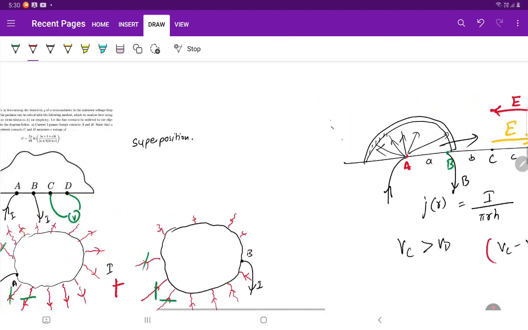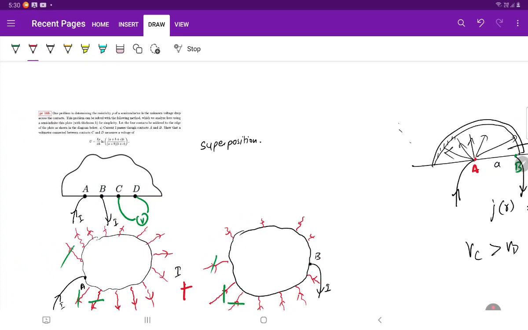They have asked to prove this thing only: (a plus b plus c) into b by (a plus b) into (b plus c). So yeah, we finally proved this theorem, and that's the answer.